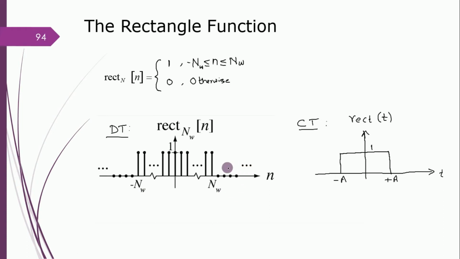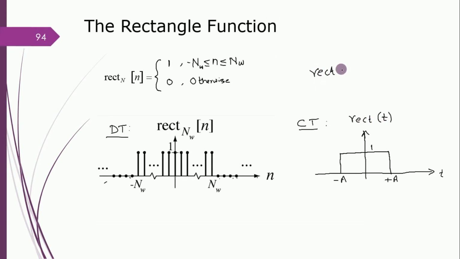How to write it in mathematical form? Rectangular function of n is equal to 1 in the range minus N_W till plus N_W, and 0 otherwise.